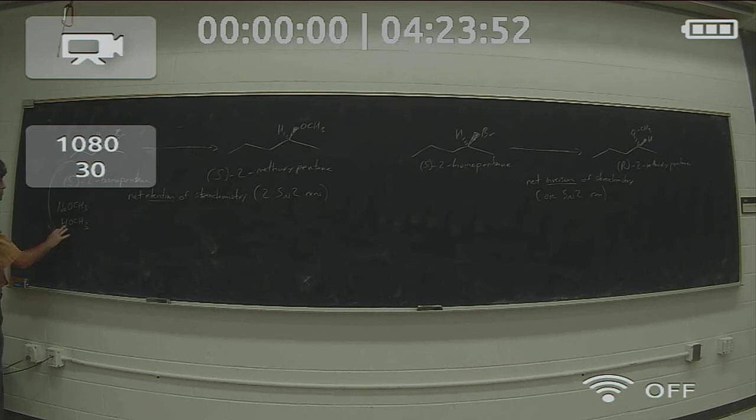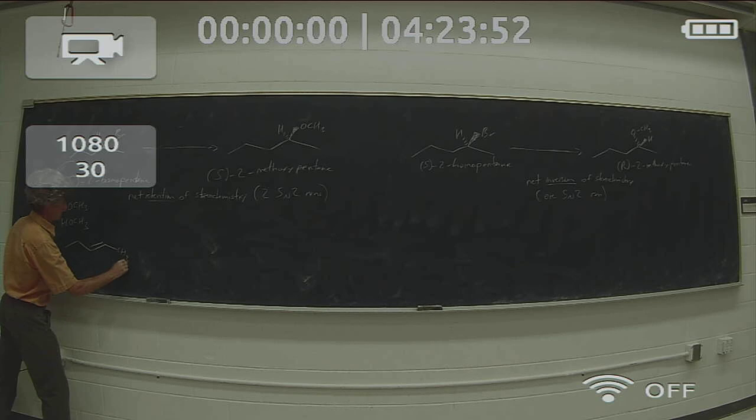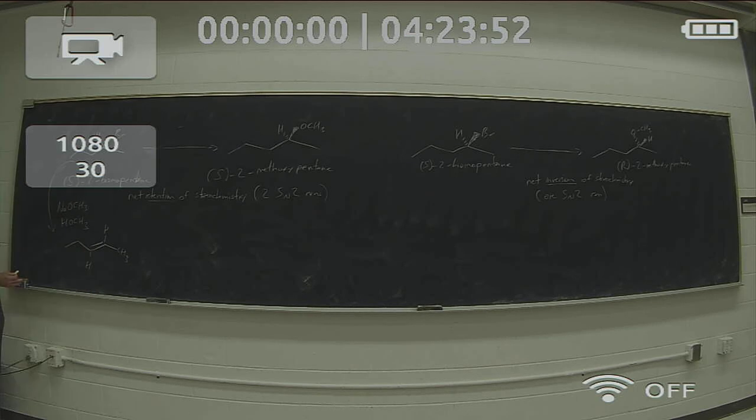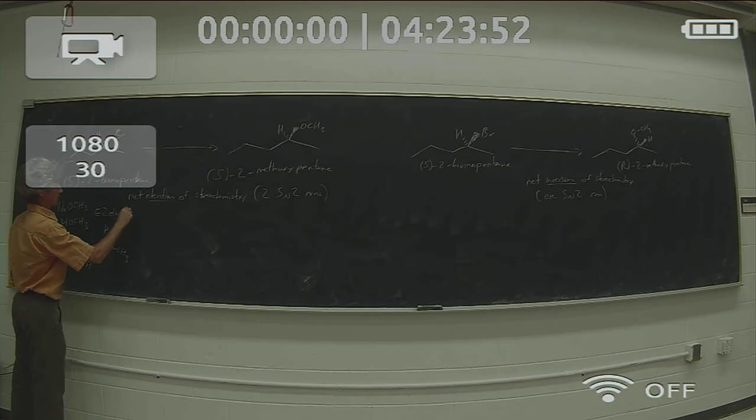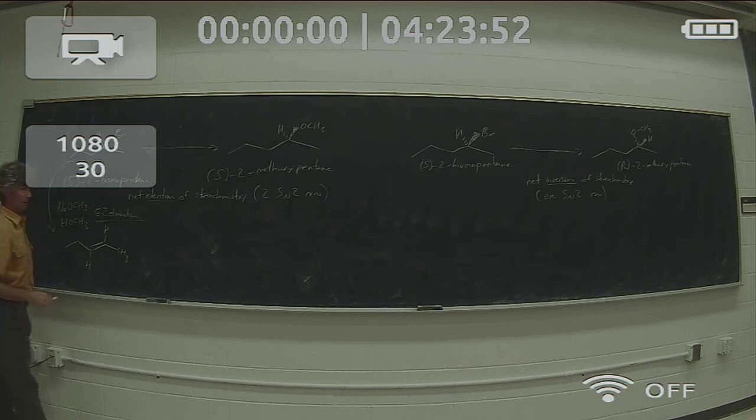And so the major product we're going to get is the E2 elimination. Methoxide is just too strong a Bronsted-Lowry base to do a substitution reaction on anything that isn't either a methyl or a primary substrate.